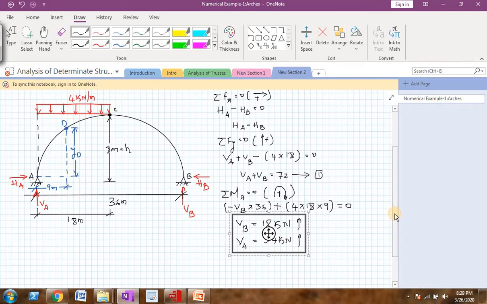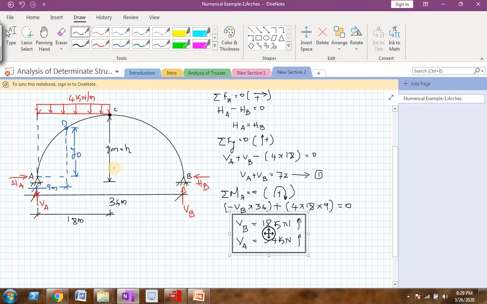Now to find HA and HB, since C is a hinge, I can take advantage of that, and either I can consider the left portion of the arch or the right portion of the arch and take moment at C equal to 0 and find out any one horizontal reaction.